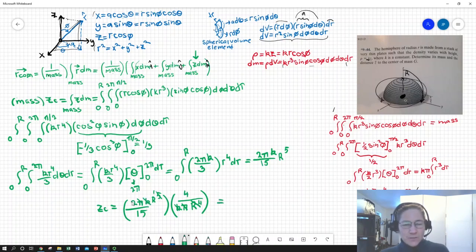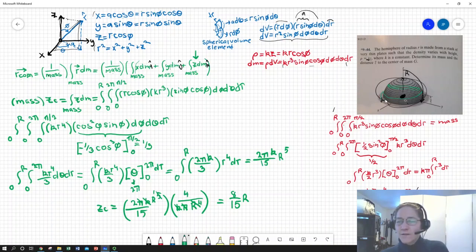So we're going to end up with 2 times 4 is 8/15 r. So a little over half, which is very, very different than what we would have expected with uniform density, which would have definitely put us somewhere much closer to the bottom.